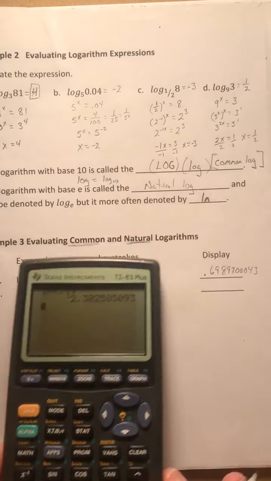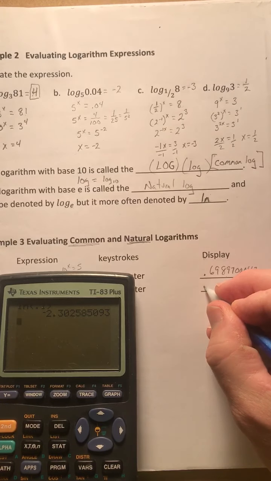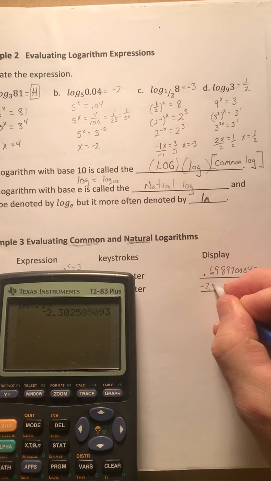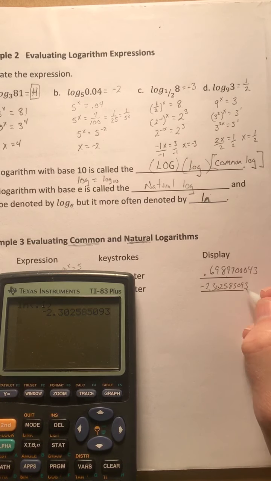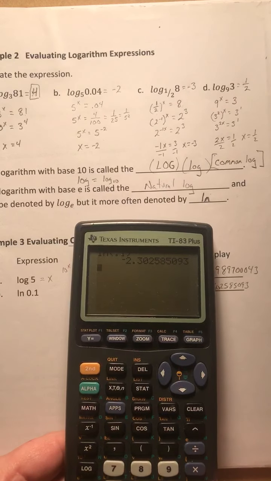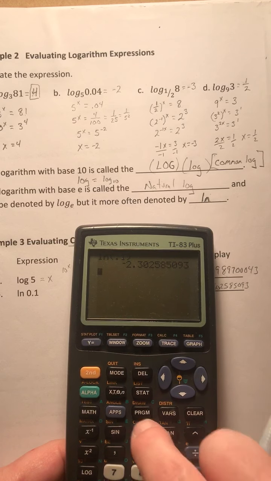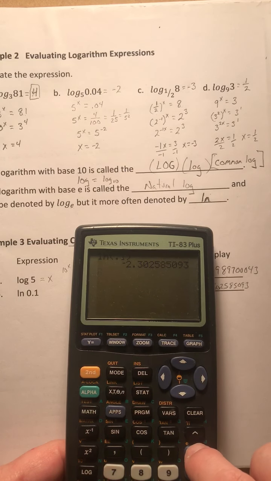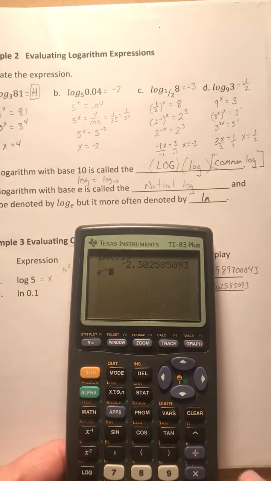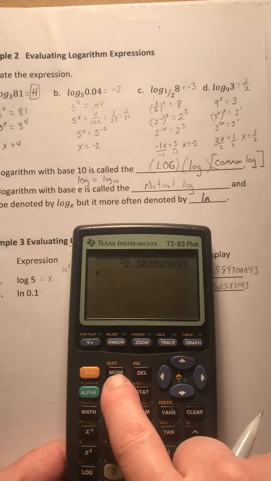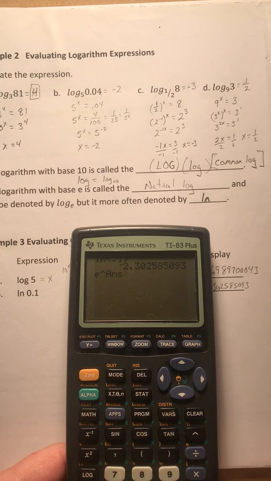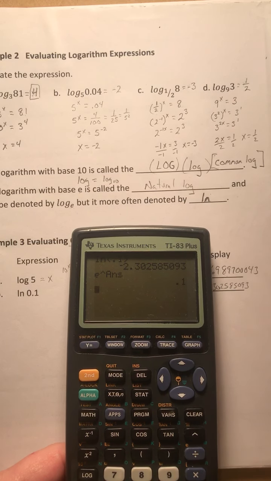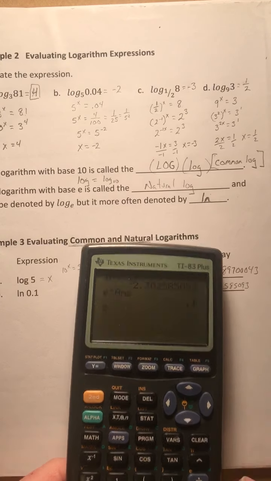My answer here is negative 2.30258593. Now I'm going to do e to that power. To get the e button, I do second and the division key. So e to the, and then second, answer, and that is going to give me 0.1. And there it is.